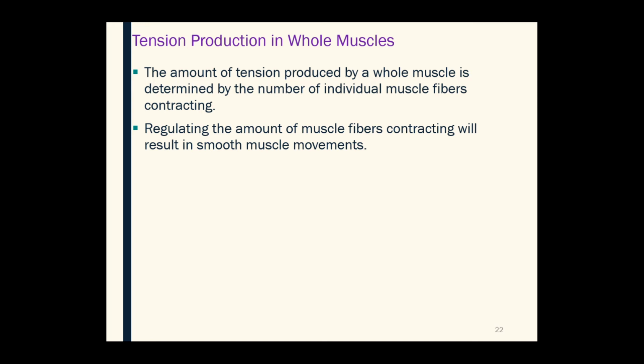Regulating the amount of muscle fibers contracting will result in smooth muscle movements, right? So as we control the number of muscle fibers that we engage, our movements are going to be more smooth and even coordinated. An example of this may be, let's say you went into the refrigerator and there is a container. Let's say somebody made some nice iced tea for you, and you thought that they just made it so the container is full and you can't see the amount of liquid in it.